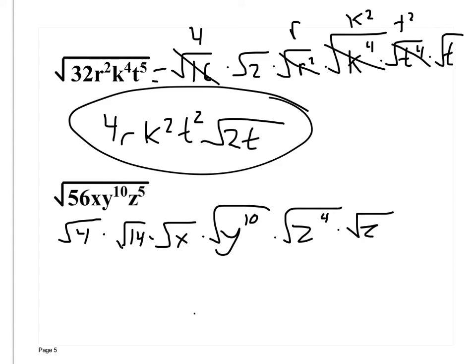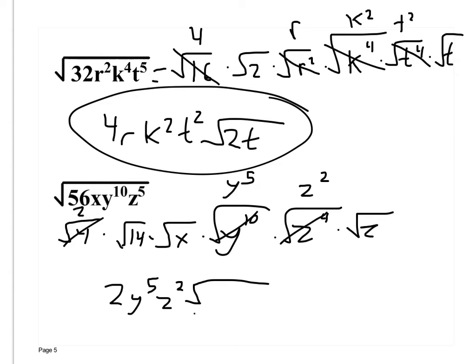And then square root of 4 is 2. Square root of y to the 10th is y to the 5th. Square root of z to the 4th is z squared. There's nothing else I can change. So we do 2 y to the 5th z squared, and then the radical sign, and then you've got 14 x z.